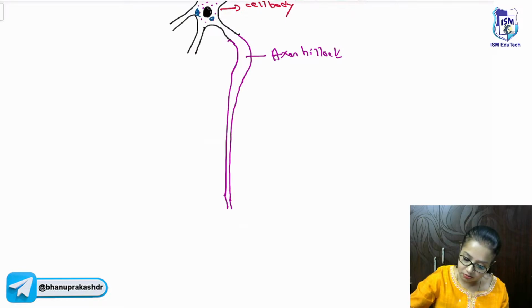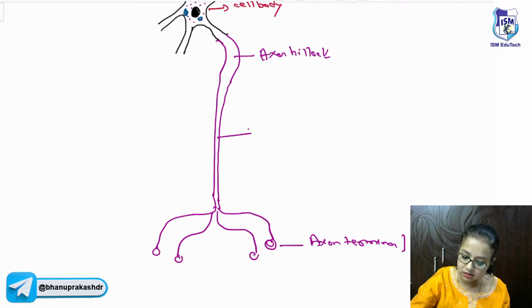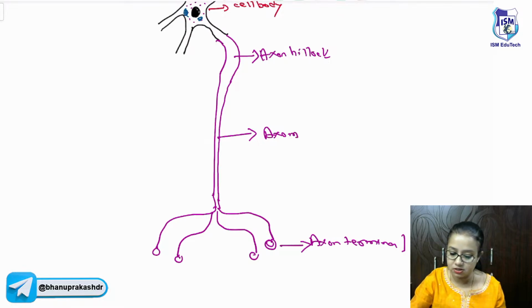Now, the axon further spreads out to a terminal region, which is receptive in nature. This is the axon terminal, and this is the axon, which has the axoplasm.